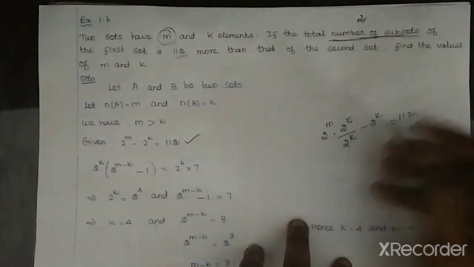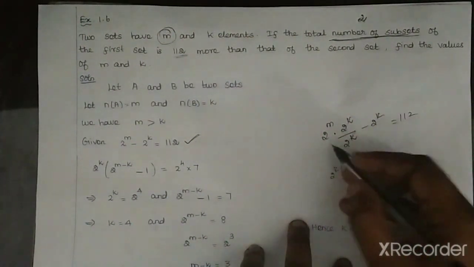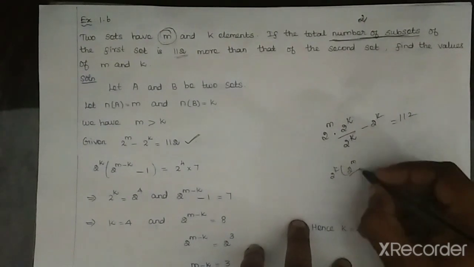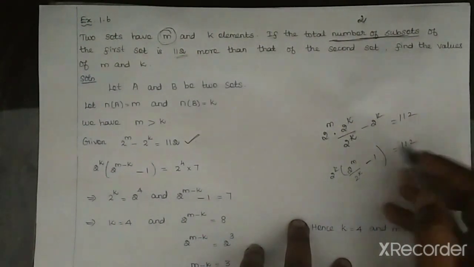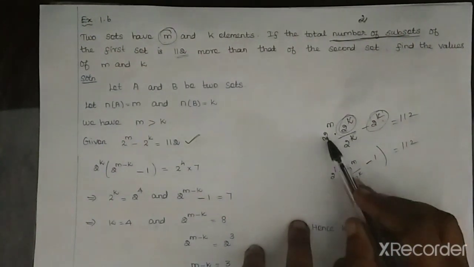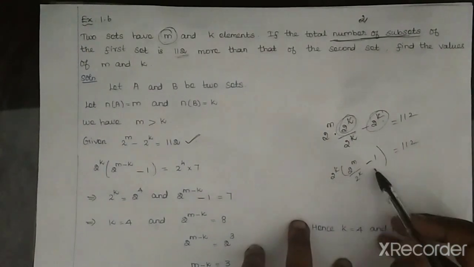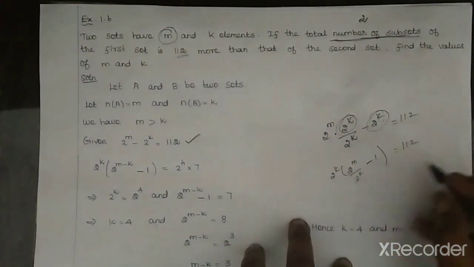Now you have to take 2 power k outside. When you take 2 power k outside, you get 2 power m by 2 power k minus 1. Now the base is the same here.